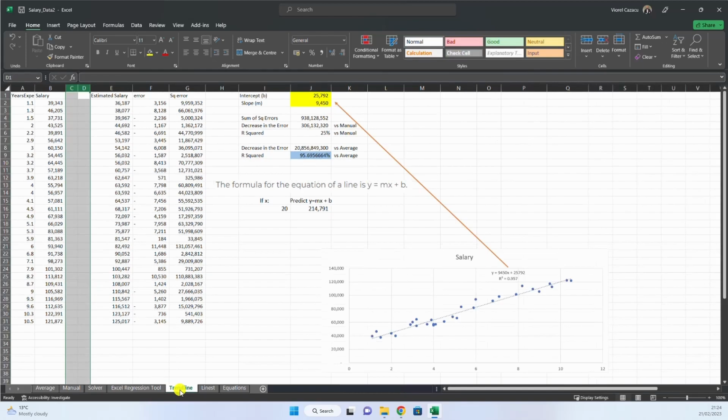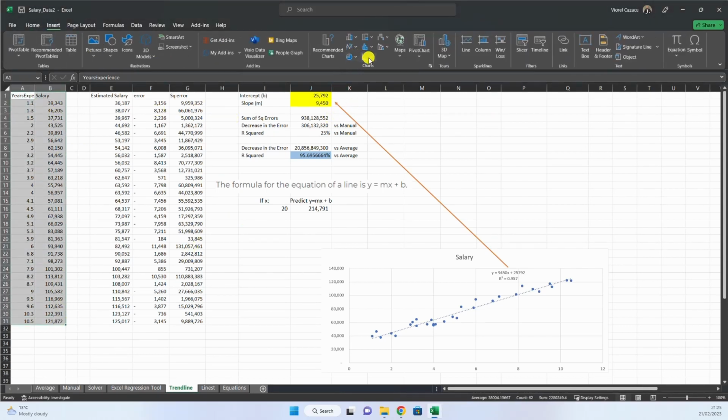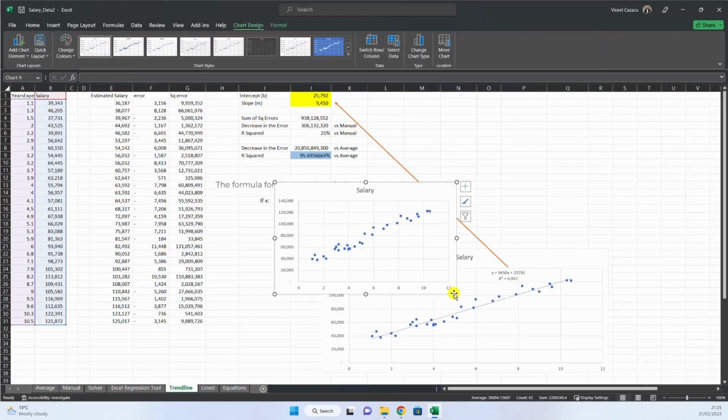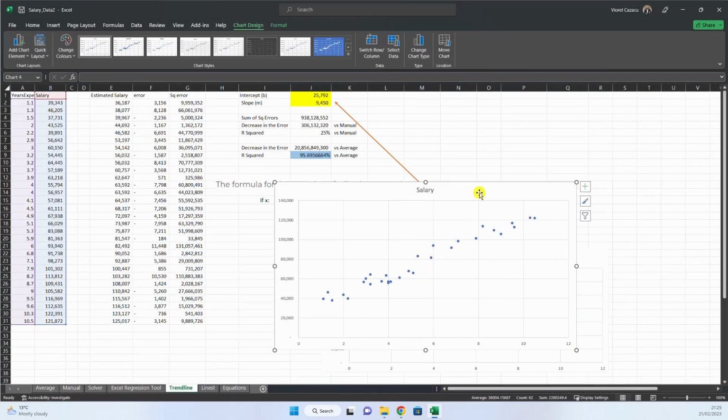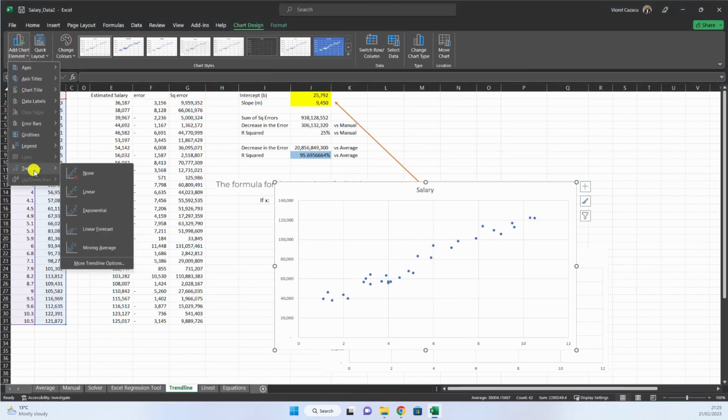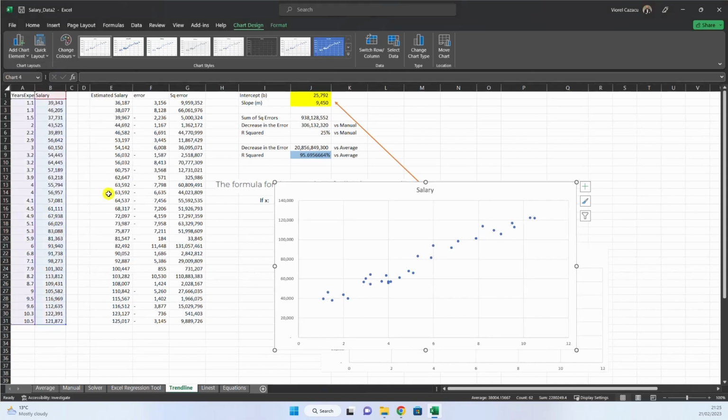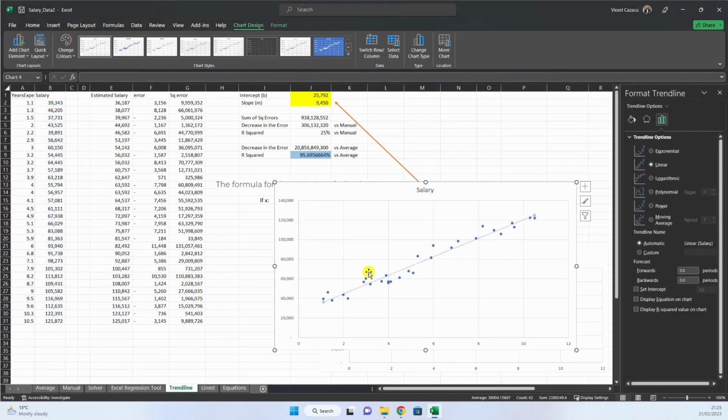So let's go to the fourth way of calculating the linear regression in Excel. The way we do it is like this. We select the data, we add a scatter chart, and now we have some options. We add the trendline, linear, so we have this trendline, but we also have trendline options: display equation on chart, and display R squared.